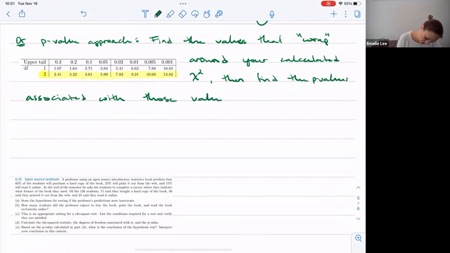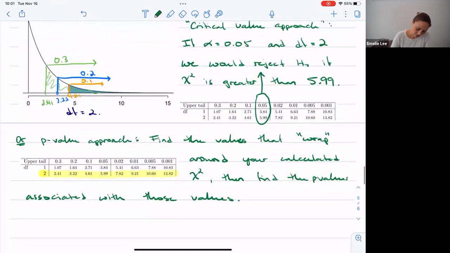Oh, so many values. Here, you're doing the same thing.